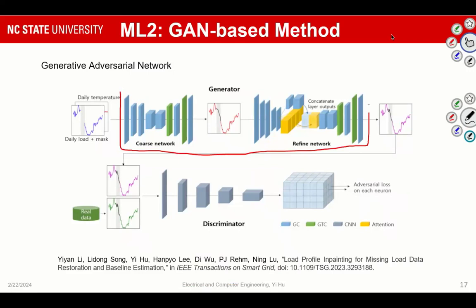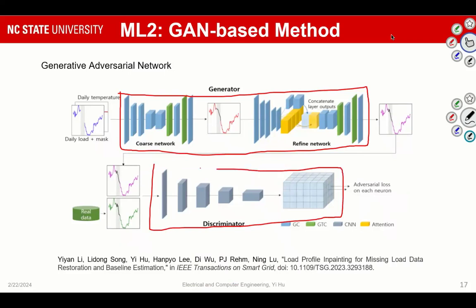First, look at this part. We call it a generator. And then the second part, this is the discriminator. These are two independent neural networks. The task of the first one is to generate something.